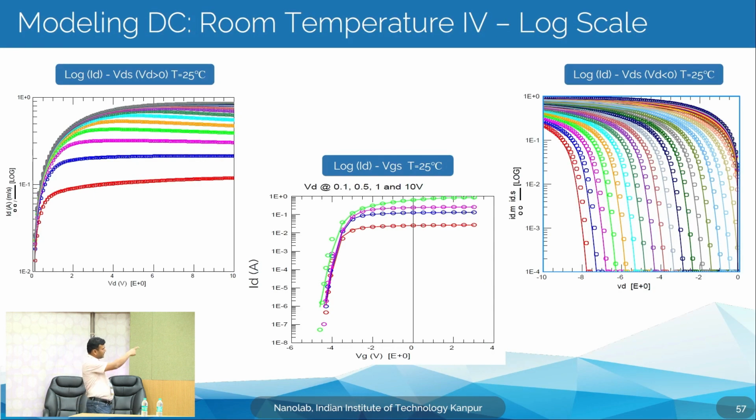This is the log scale ID-VD, this is ID-VG log scale, and that is the log scale of the reverse side, ID versus VD going in negative voltages. Even on the log scale it has to be very accurate. Once you have a good model, you can do it well in all regions of operation.